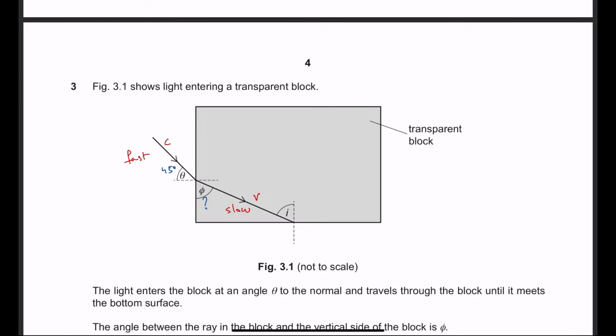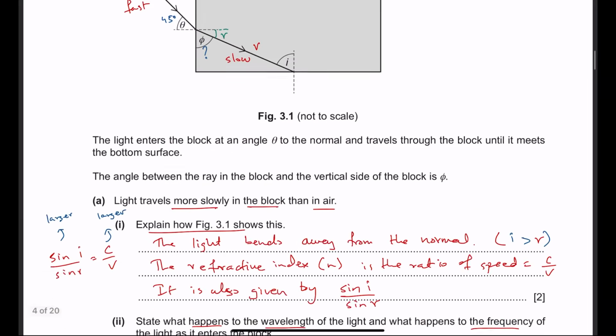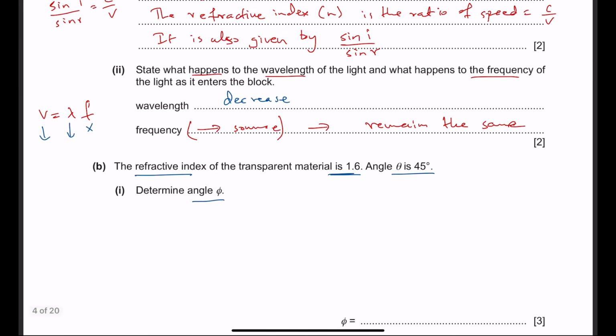However, you can't find this angle directly because, from the method that we have studied, you can first find this angle r, which is the angle of refraction. And the formula to do that is refractive index equals sine i over sine r. Now in this case, the angle of incidence is written as theta.